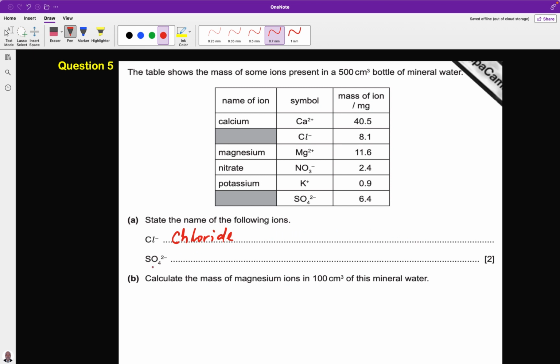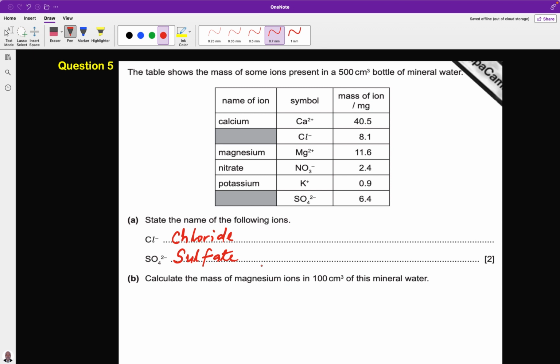Then this other one, SO4 2 minus, it is a sulfate. So this is chloride and this is sulfate.